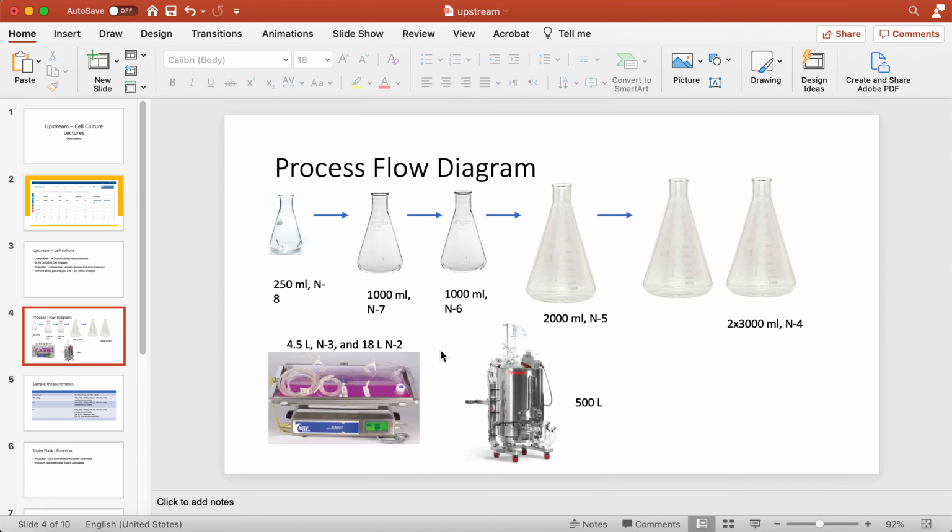Then it goes to the wave bioreactor, 7 liter, around 20 liters, N minus 3, 20 liters, N minus 2, and then N minus 1, and then it goes to the 500 liter bioreactor.